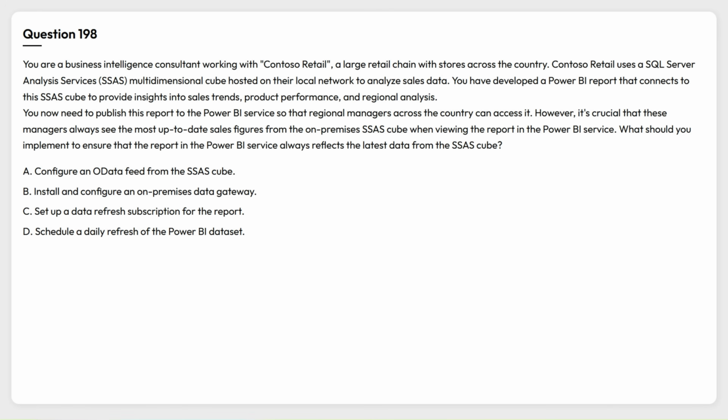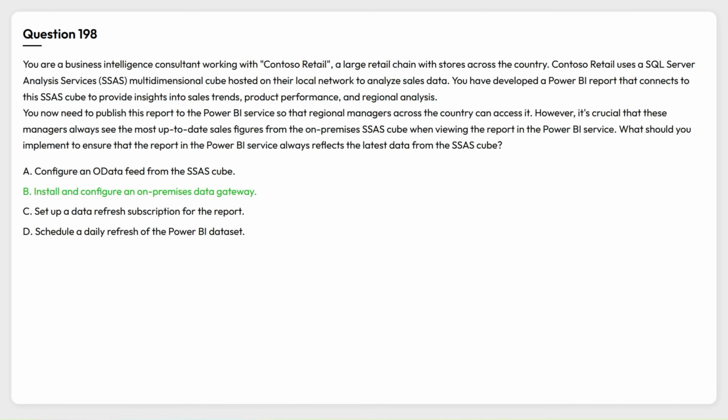Option A. Configure an OData feed from the SSAS cube. Option B. Install and configure an on-premises data gateway. Option C. Set up a data refresh subscription for the report. Option D. Schedule a daily refresh of the Power BI dataset.